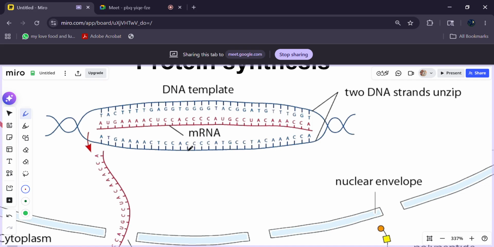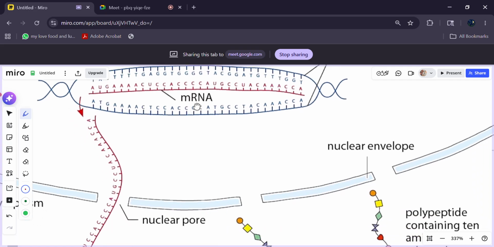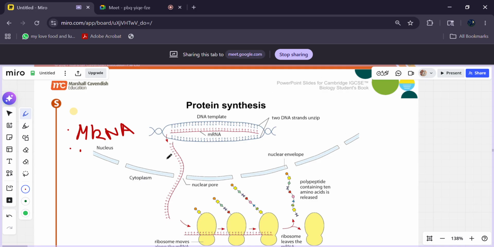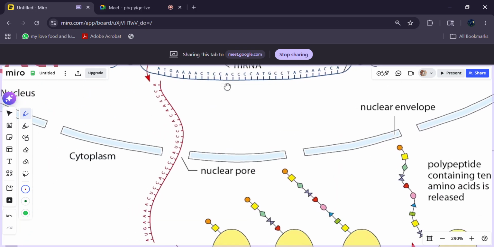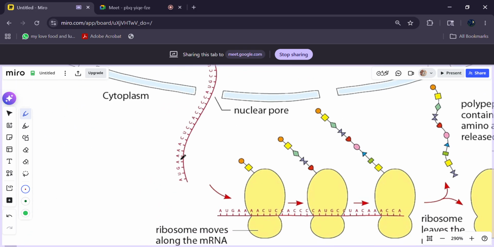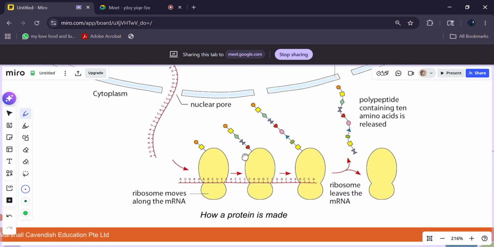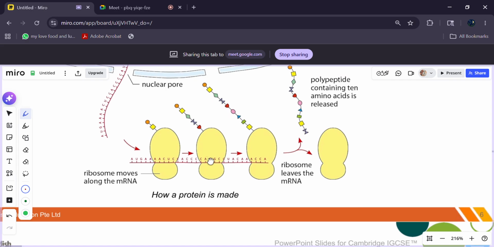The mRNA carrying a copy of the gene leaves the nucleus through a nuclear pore. So inside the cell, we have this nucleus, the cytoplasm, and the nuclear pore. Now the mRNA leaves the nucleus through the nuclear pore, and it arrives here.